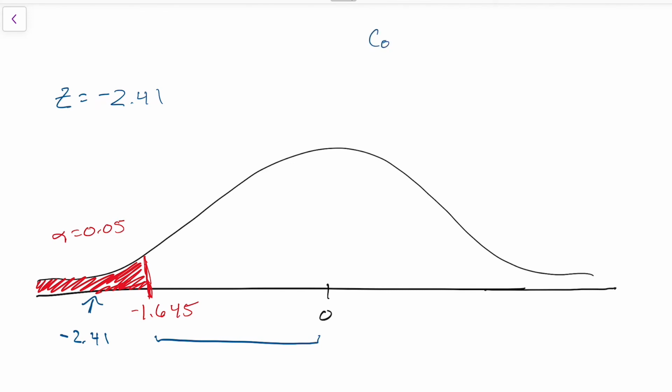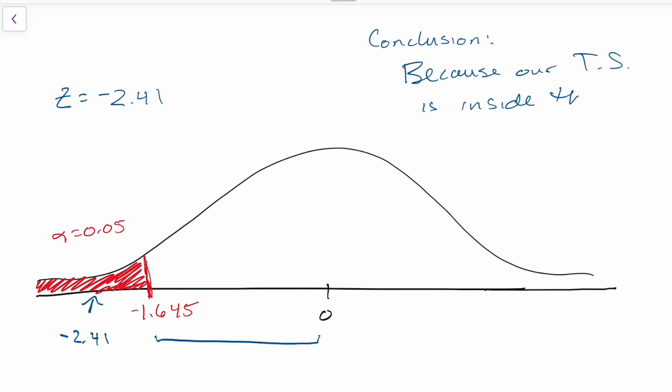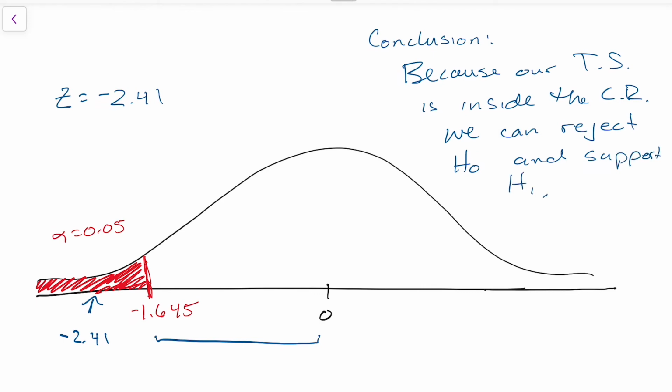So our conclusion: because our test statistic is inside the critical region, we can reject the null hypothesis, H0, and support the alternative hypothesis, H1.